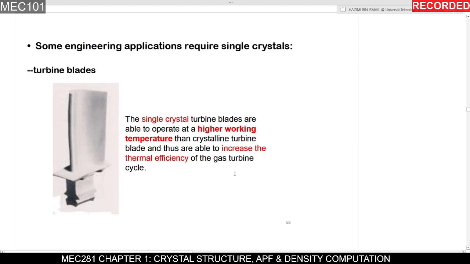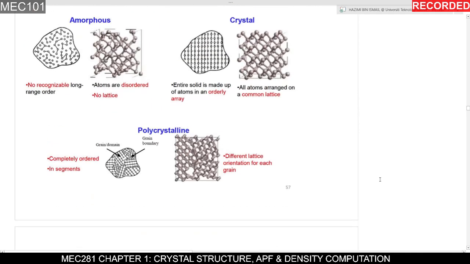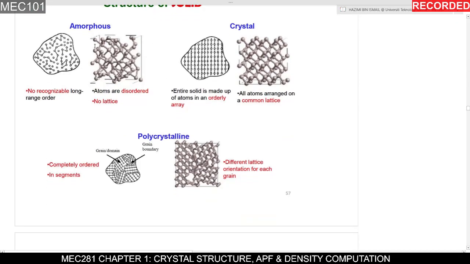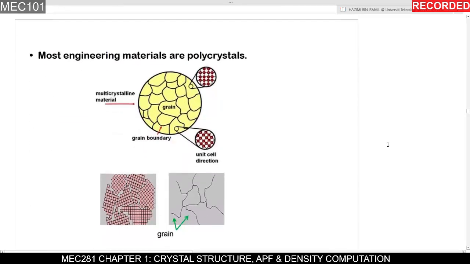That's why we have to learn the properties of the structure in solids, whether amorphous, crystal, or polycrystalline, so that they may have different properties, and those particular properties are needed for certain engineering applications. Let's go to the next slide.